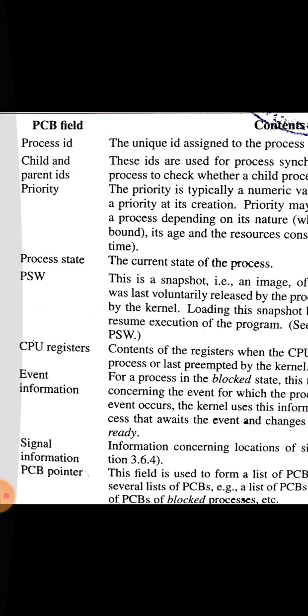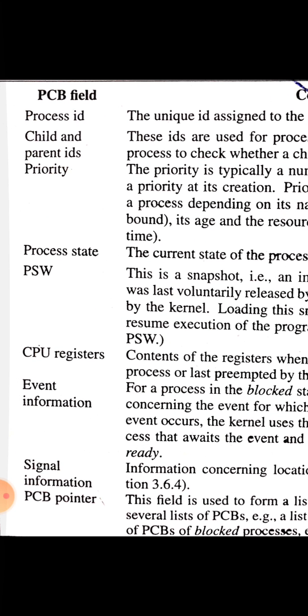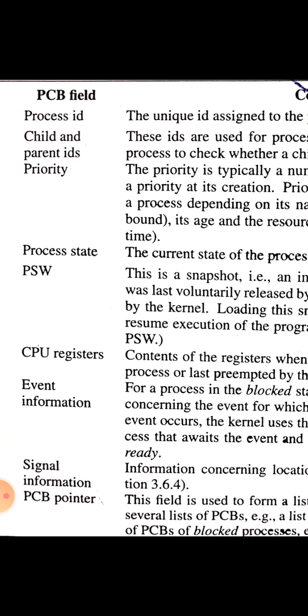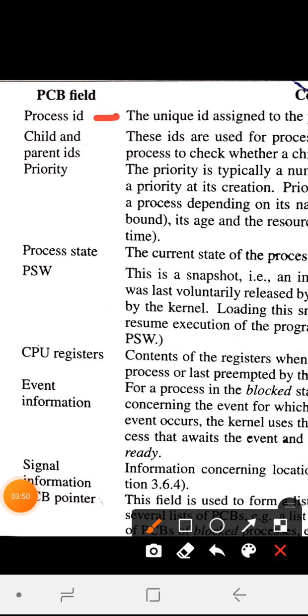So this PCB has different parameters, like the process ID. This is the unique ID assigned to the process when it is created. Next we have the child and parent ID.